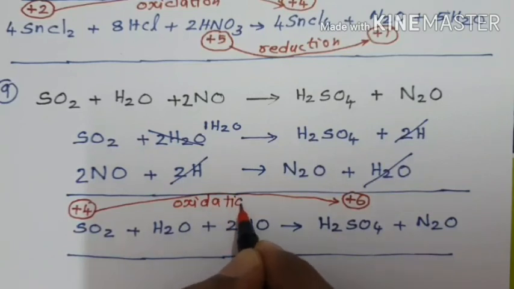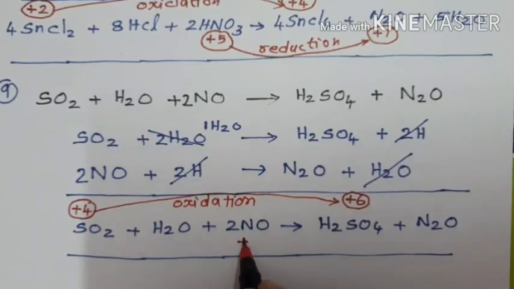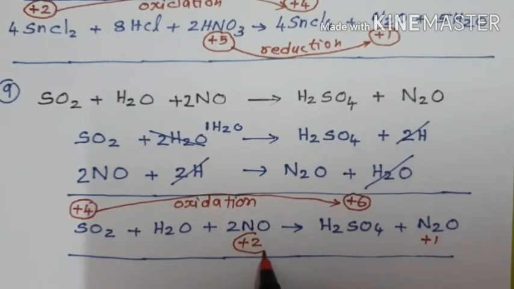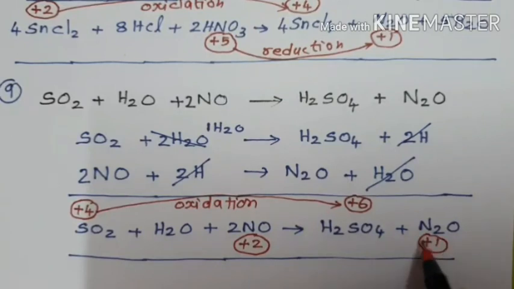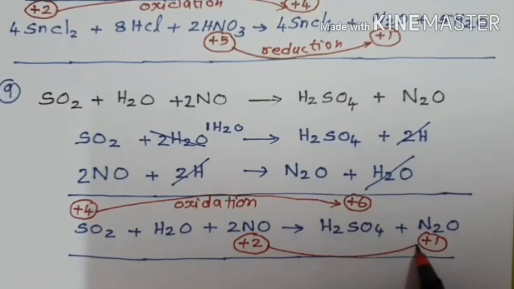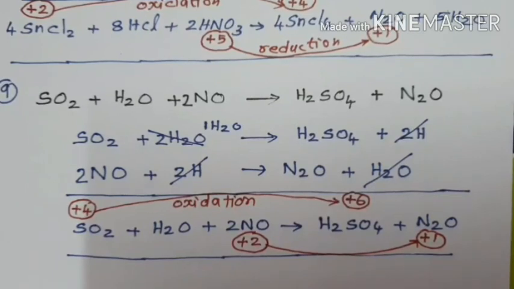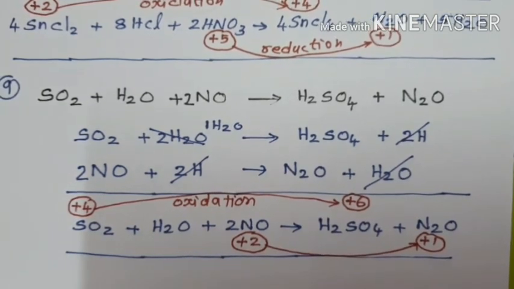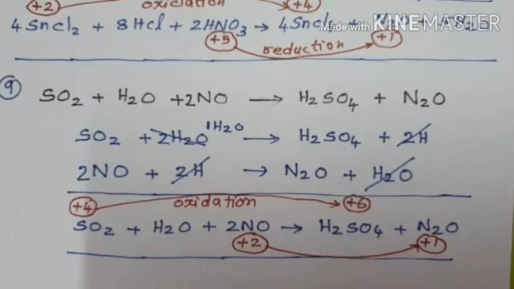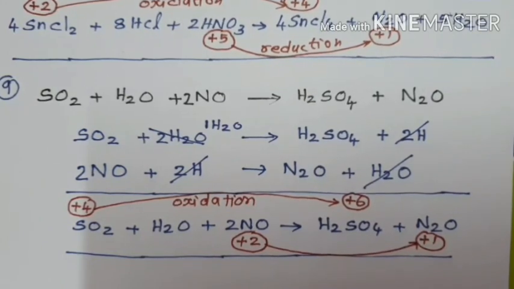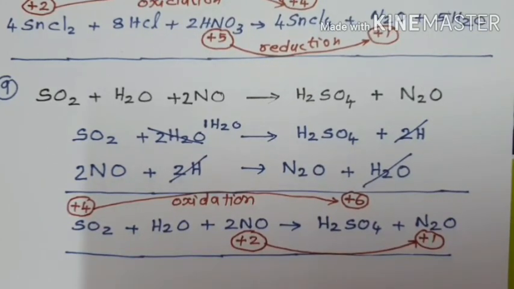In NO, nitrogen is in plus 2 oxidation state, and in nitrous oxide nitrogen is in plus 1 oxidation state. When you move from left to right, the oxidation number decreases, therefore it is called reduction. So far we have discussed a total of 9 methods of preparation of nitrous oxide, N2O, also called dinitrogen oxide and also called laughing gas. Thank you.